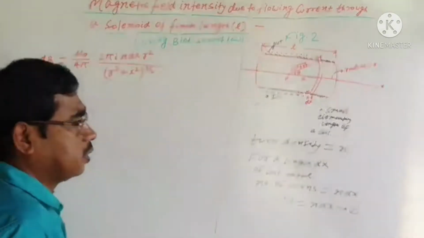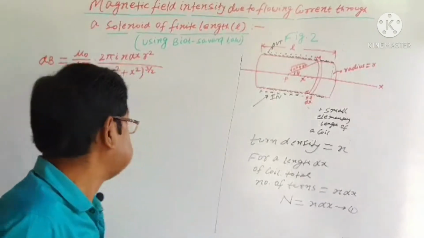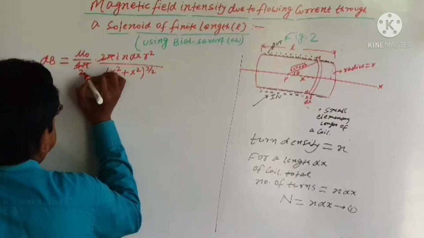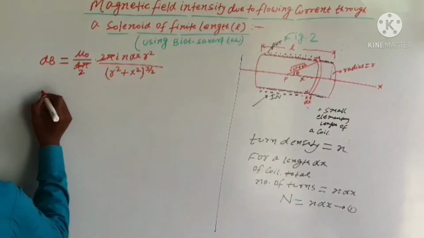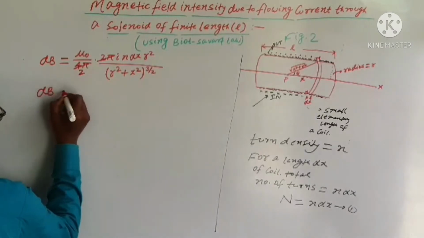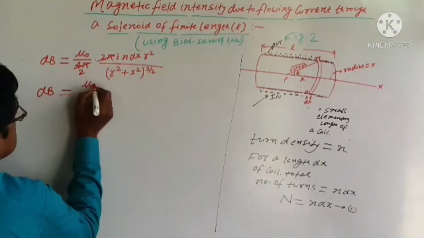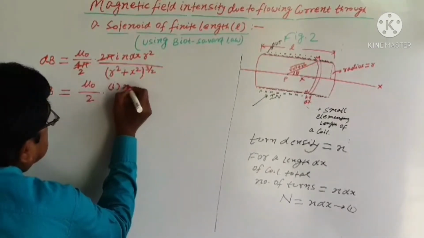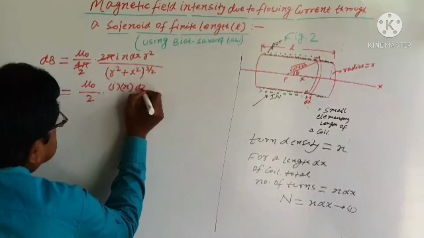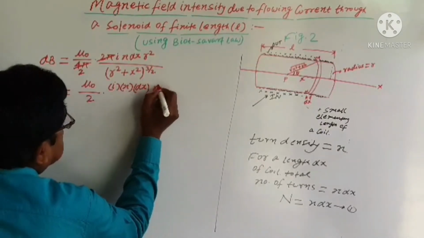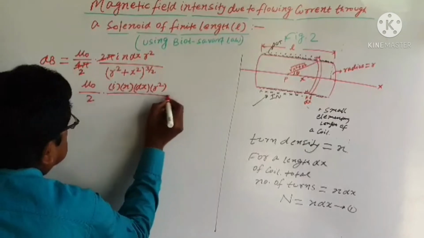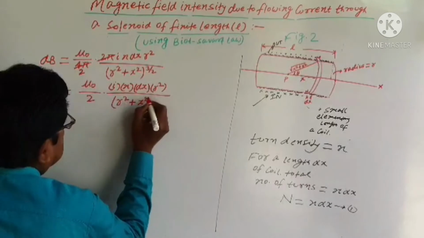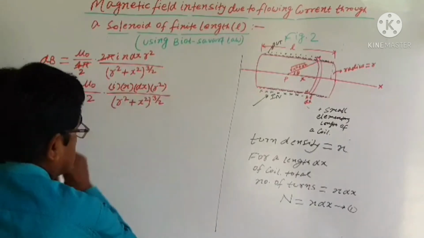This is the formula that we know well. Okay. Now, cancelling 2 pi, we may write it as dB equal to mu naught over 2, I n dx, r square over r square plus x square to the power 3 upon 2. Okay.